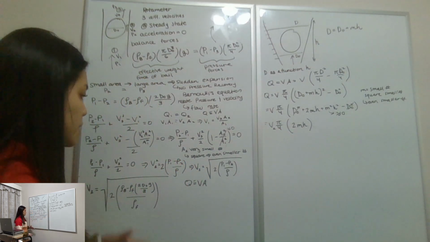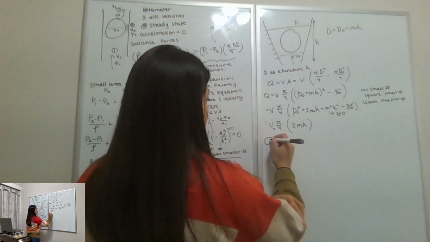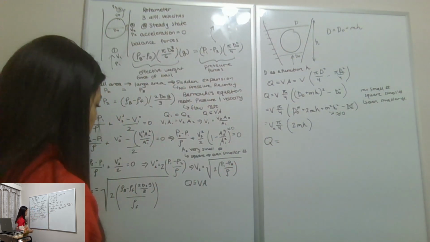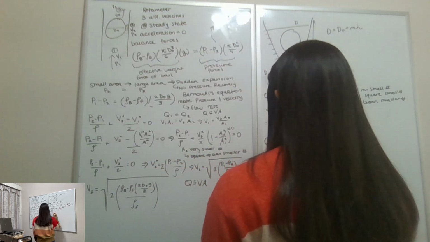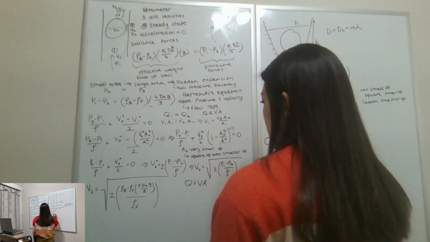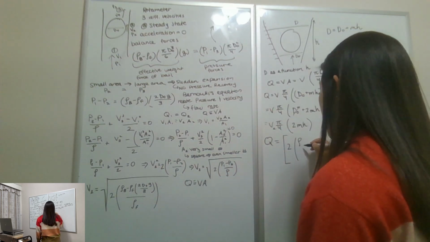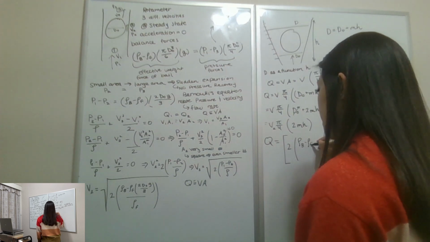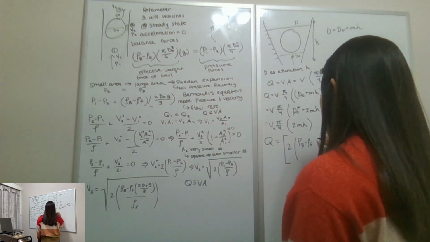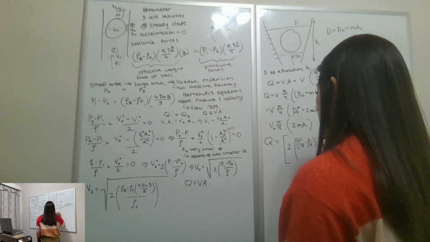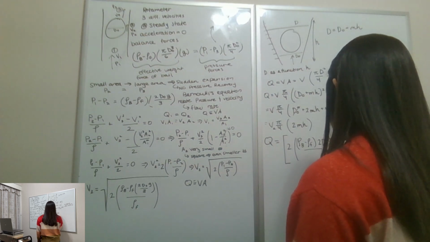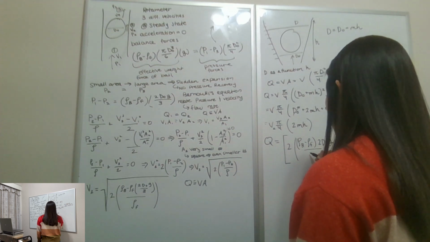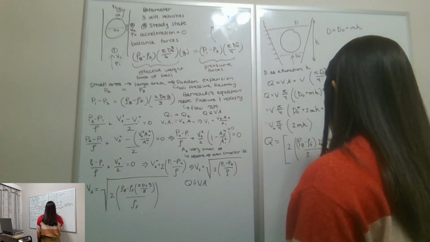If we plug in all of the equations we have, the flow rate of a rotameter is the velocity, which is this constant here. That's going to be the quantity of 2 times the density of the ball minus the density of the fluid, times 2 times the initial diameter times the gravitational acceleration, divided by 3 times the density of the fluid.